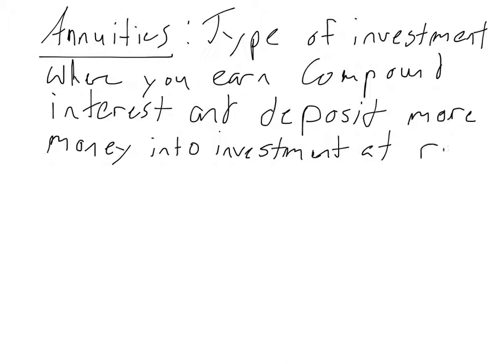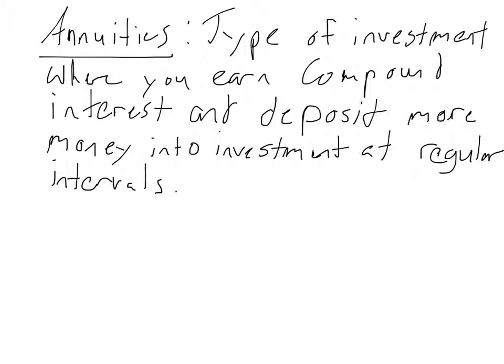Right, so like every month you put in a certain amount to grow the investment. So it's a more complex version of compound interest. We already talked about compound interest back in the exponential and logarithmic functions section. And this is, like I said, a more advanced concept, right?